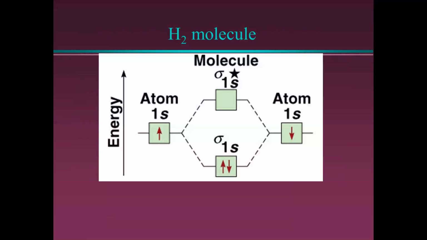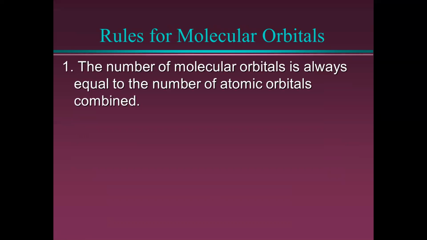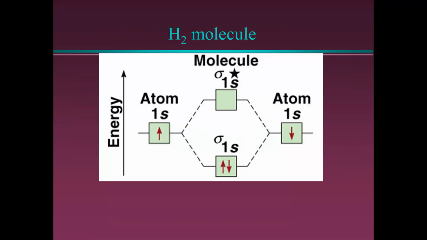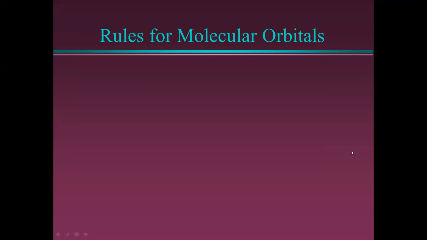For example, here you have 1 and 2 atomic orbitals, then for the molecular orbitals, you also have 1 and 2. The numbers are the same. Secondly, fill the molecular orbitals from lower to higher energy. This is why we filled the electrons in the lower energy molecular orbital. We did not start from there. In nature, it's always like this.